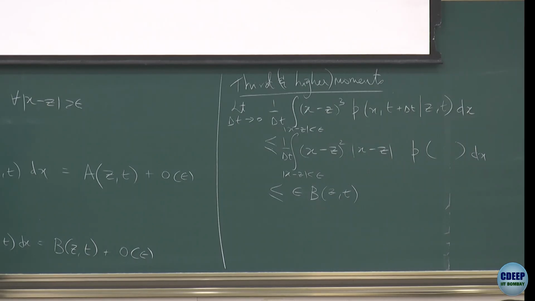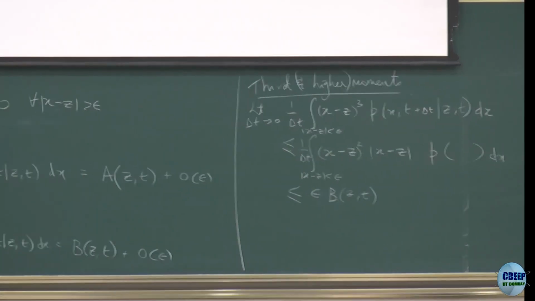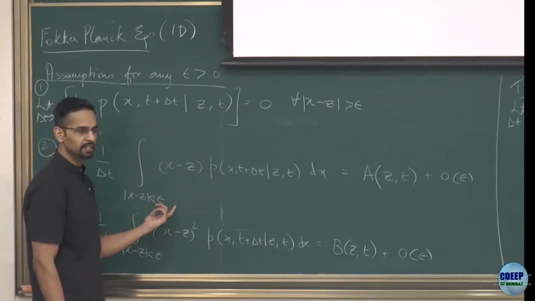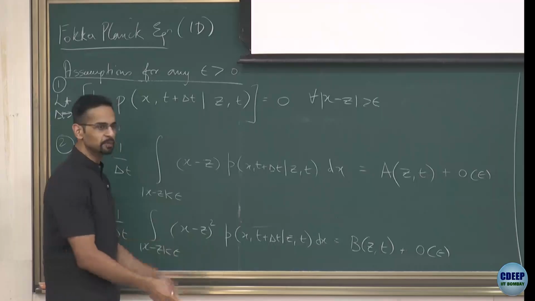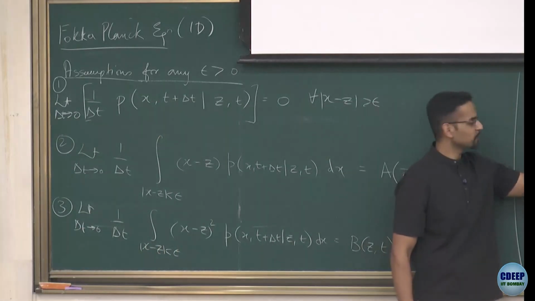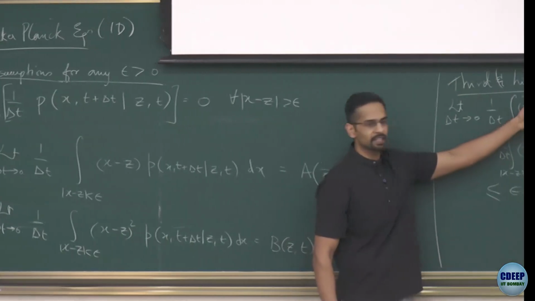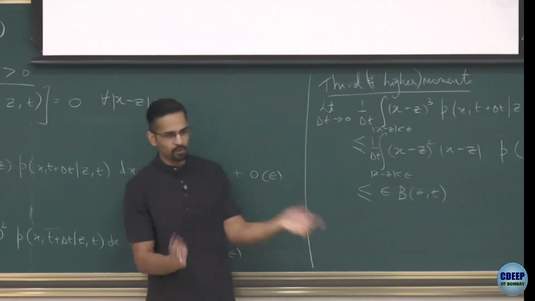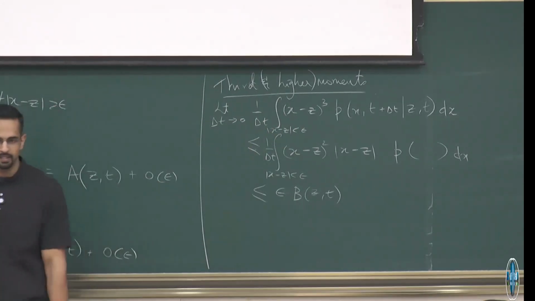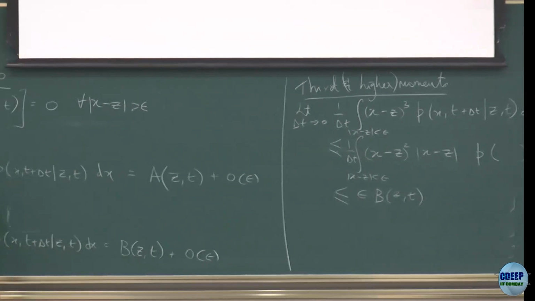If I split it into x minus z, put mod on one, the other thing has a sign, so that will actually be smaller. It will not be an upper bound. Here, putting the mod makes it an upper bound because this is positive and this is negative. If you try it for the second moment, you will flip the situation. This would become negative and that would be always positive. So you can only do this for higher moments.